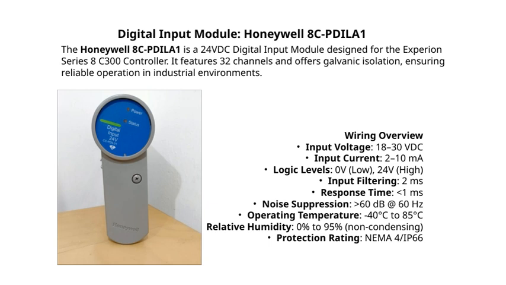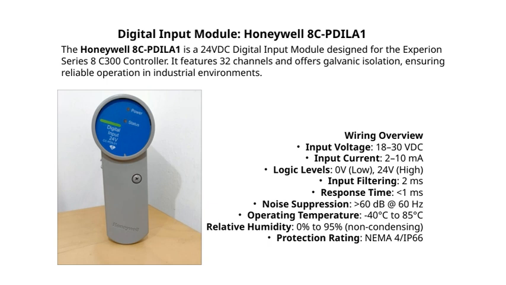To ensure clean signals and avoid false triggers, there's an input filtering of about 2 milliseconds, which helps smooth out any noise or brief glitches. Speaking of noise, this module provides noise suppression greater than 60 decibels at 60 Hz, which is crucial in noisy industrial environments.